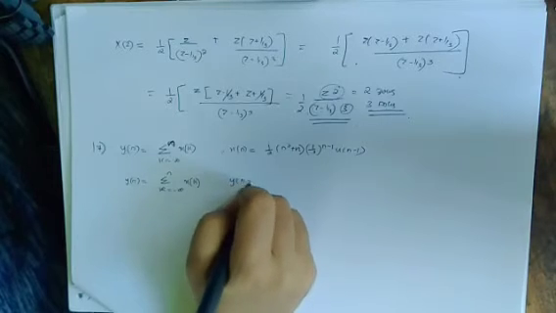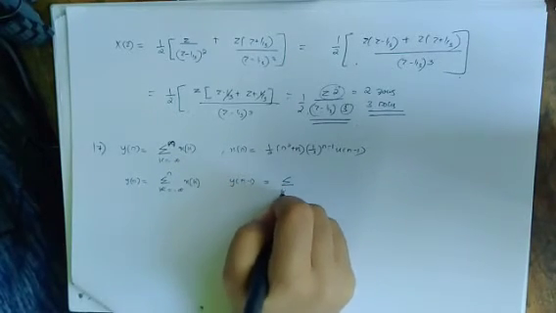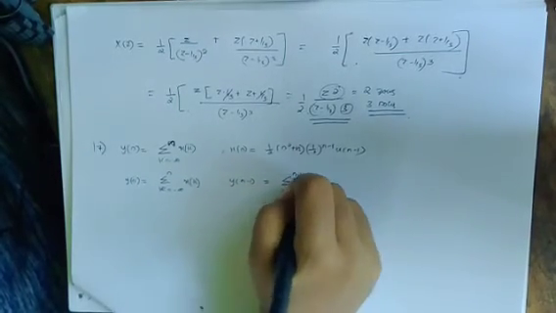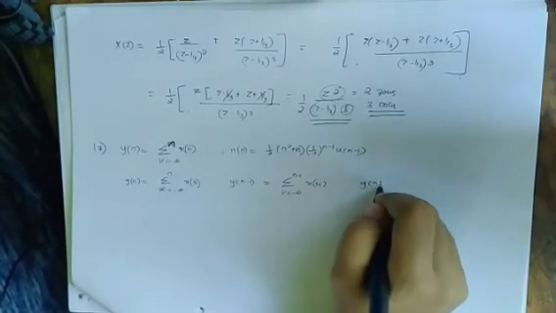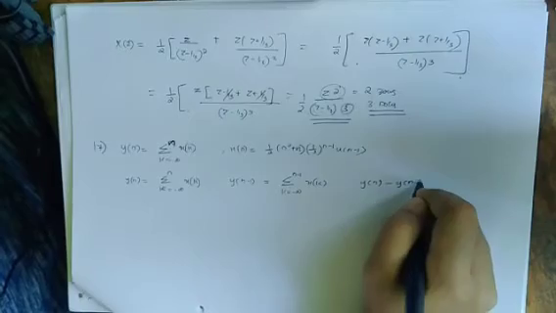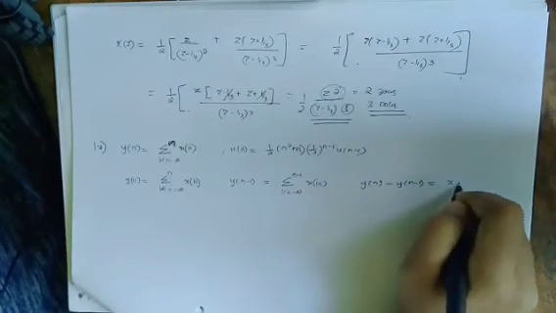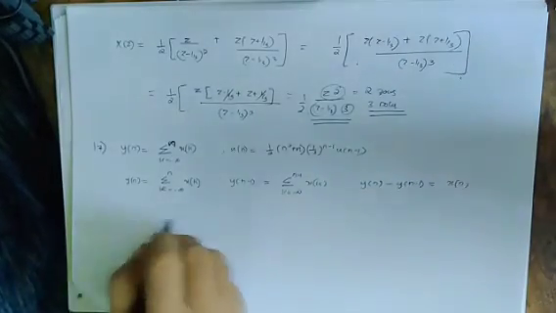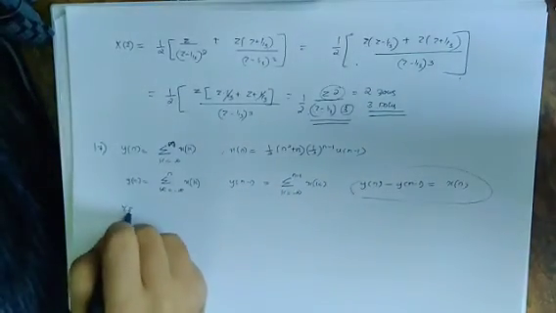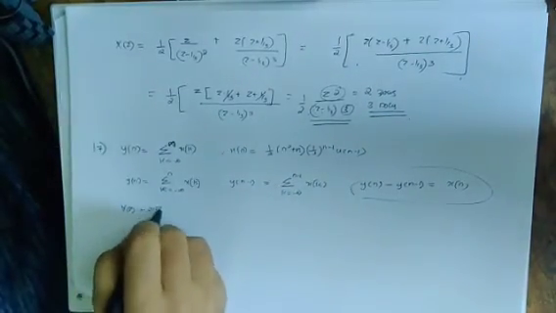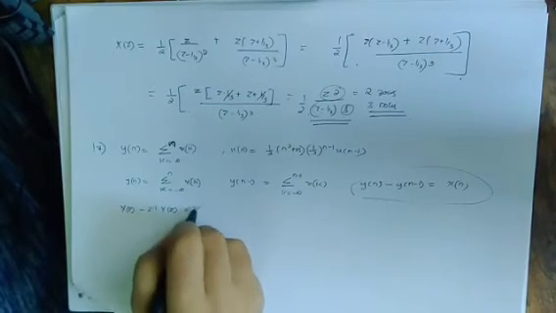And what is y of n minus 1? y of n minus 1 will be equal to sigma minus infinity to n minus 1 x of k. Now I am going to subtract y of n minus y of n minus 1, which will give me x of n, right? So taking the z transform on this expression, we will get y of z minus z raised to minus 1 y of z equal to x of z.